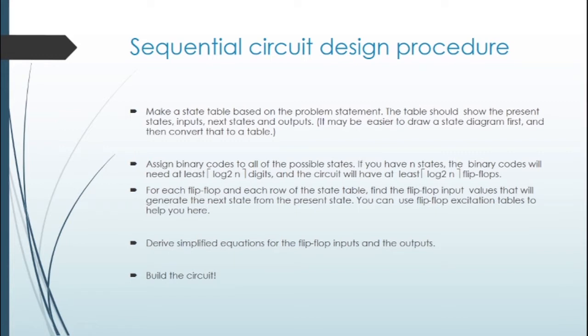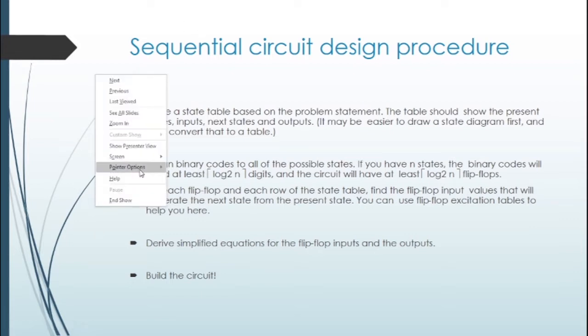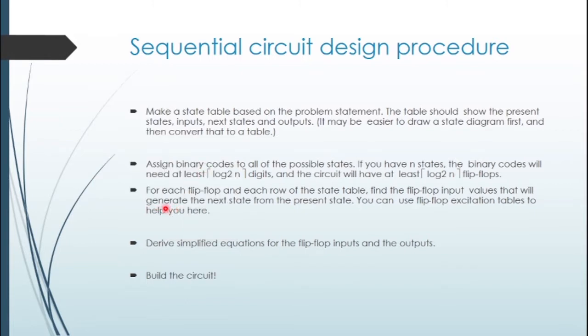If the input is 0, that is one transition to a next state, and similarly if the input is 1, it will mean another one. So we know all the possible transitions from the state table, and after assigning all the binary codes, each digit will be a state element, and that will be represented by a flip-flop. So if you've got 4 digits or 4 state elements, it means we need 4 flip-flops to do that work.